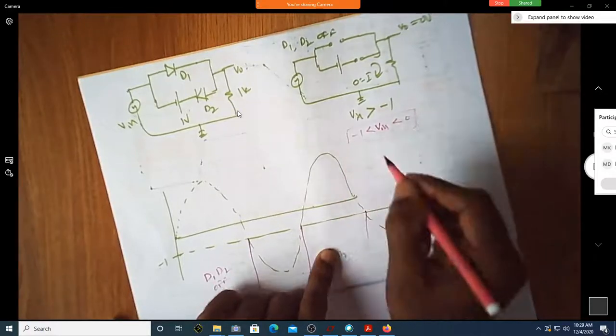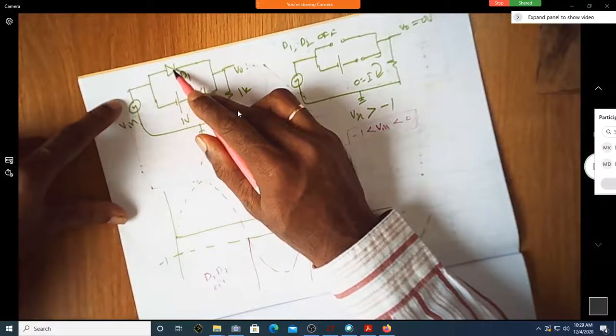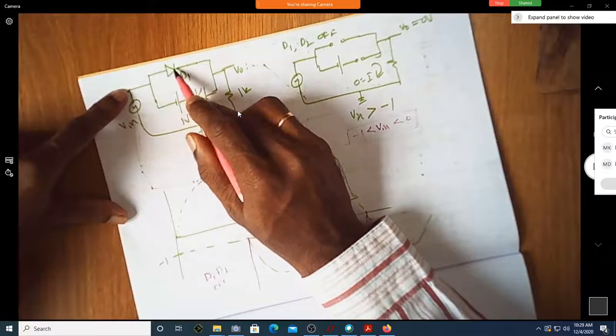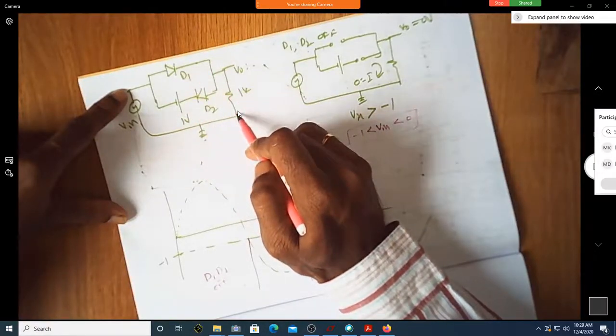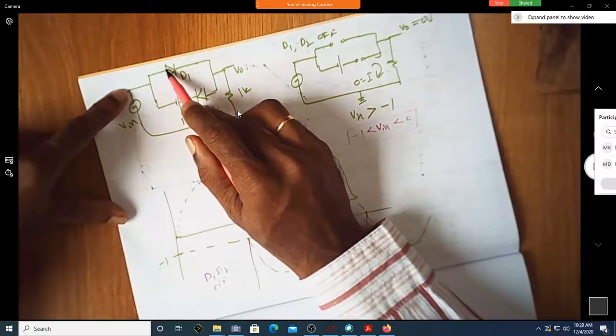So this is the condition. If the input voltage is more than 0, this is on, because you can see there is no battery here. Since the cathode is grounded here, there is no drop here, so any positive voltages above 0, this will turn on.